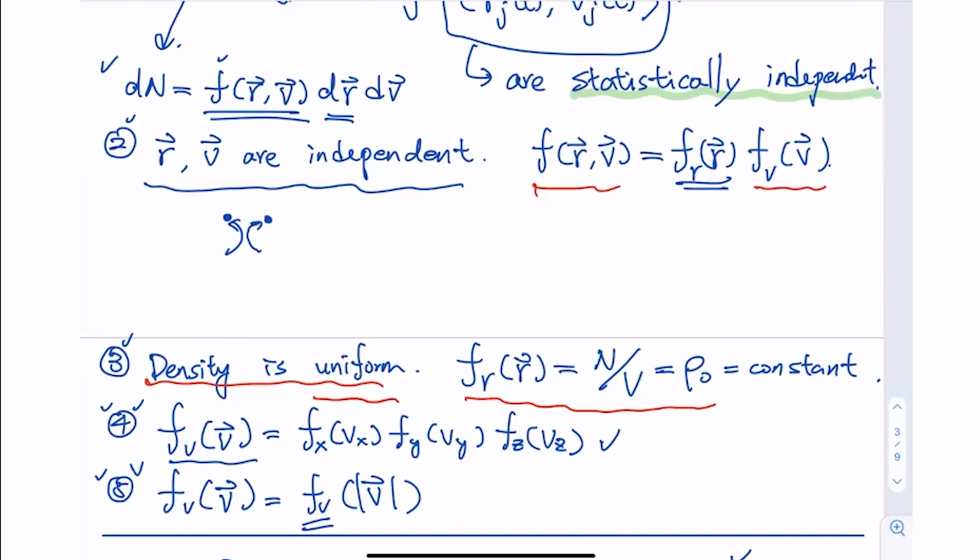But you can also think from what we have learned previously: we have a diffusion equation, and we already solved the diffusion equation when there's no external force, and we know that the long-time steady state for the diffusion equation without external force will be a uniform distribution. So that's another way to think about why we make this assumption about the uniform distribution.